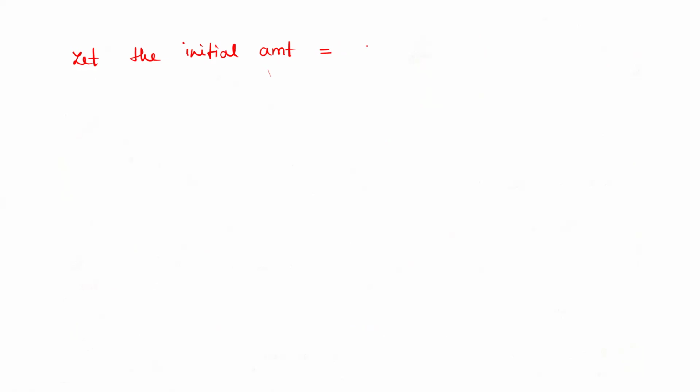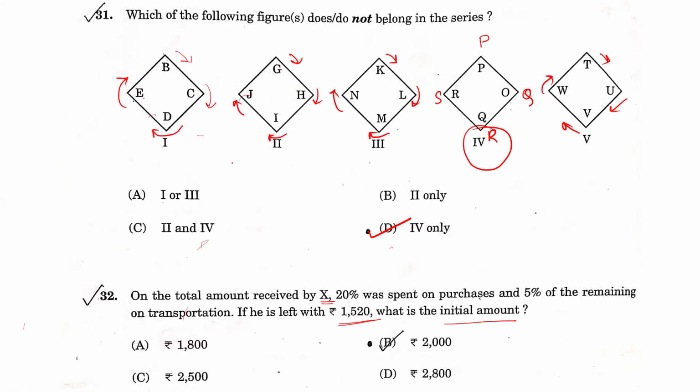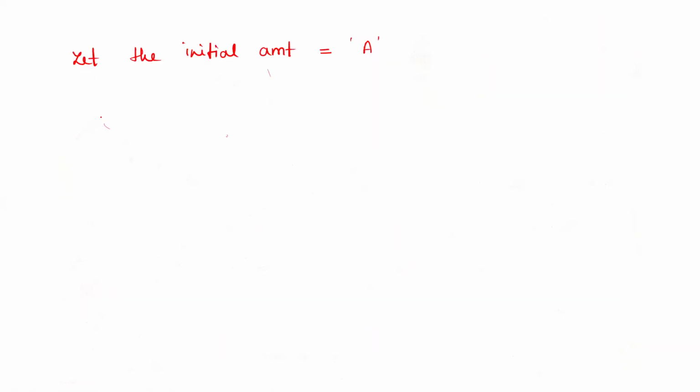Say A. It's first said 20%. Read here: 20% was spent on purchases. 20% of A on purchases. This means what? 1/5, isn't it?